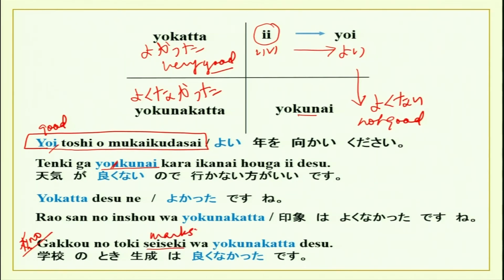So, gakkou no toki, when I was in school, watashi no seiseki wa yoku nakatta desu. My marks were not very good. So, you can use these sentences and make more using yoi, ii, yokunai, yokatta and yoku nakatta.